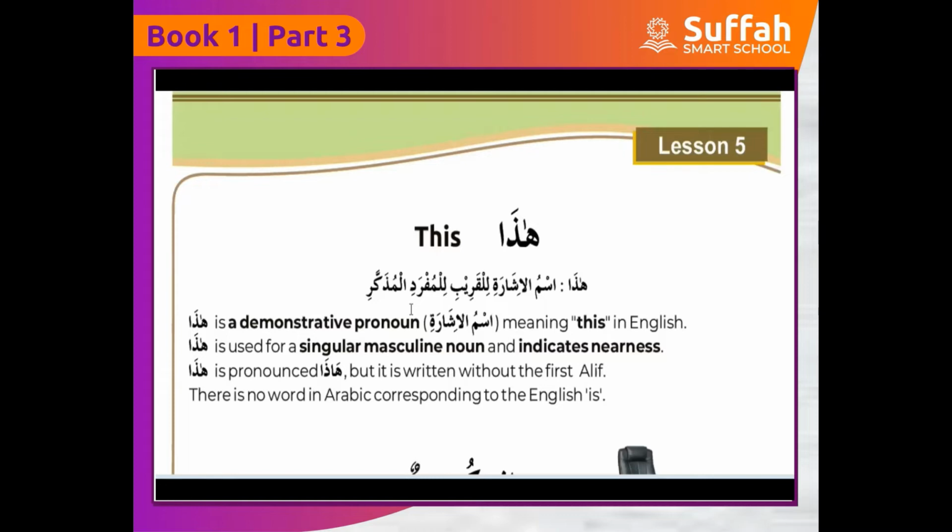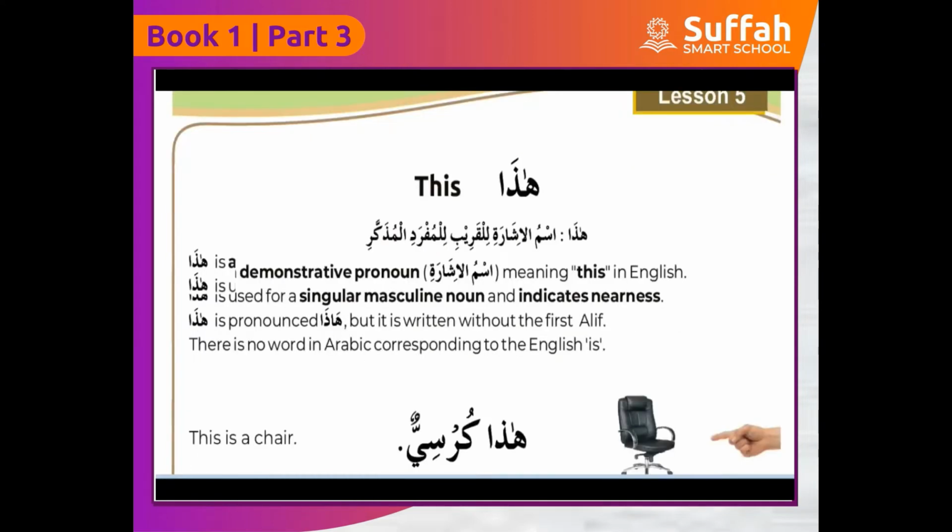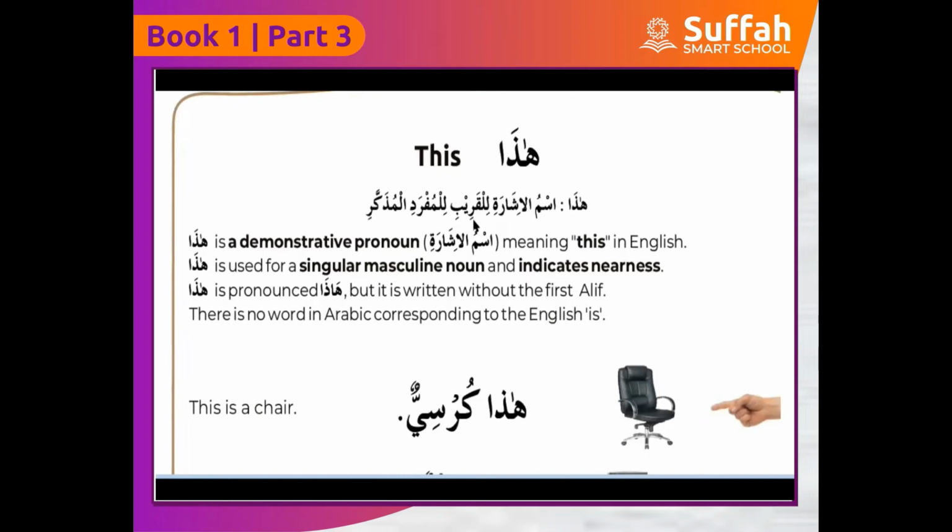Similarly, in Arabic, Hada is a demonstrative pronoun. For demonstrative pronoun, the noun in Arabic is Ismul Ishara. Here it is written on the screen, you can see. What is Hada? Grammatically, Hada is Ismul Ishara.